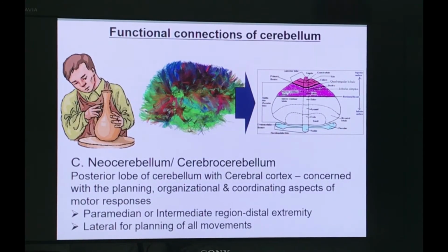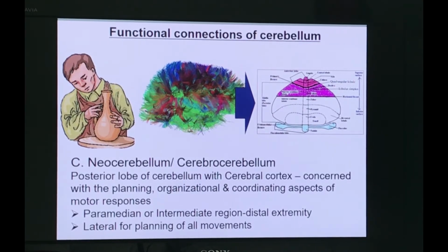Then the next is the neocerebellum, which is mainly connected with the cerebral cortex: the cerebrocerebellum. The posterior lobe of the cerebellum is the one mainly connected to the cerebral cortex. They are concerned with the overall planning, organization and coordination of the motor movements. It includes the paramedian or the intermediate region, which is also connected with the spinal cord, but for overall execution, planning and organization.